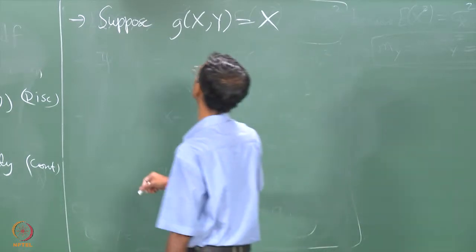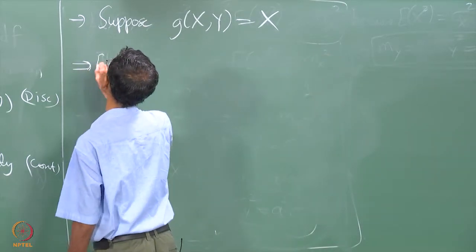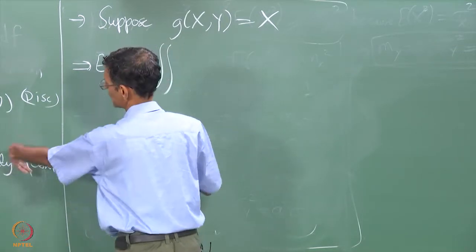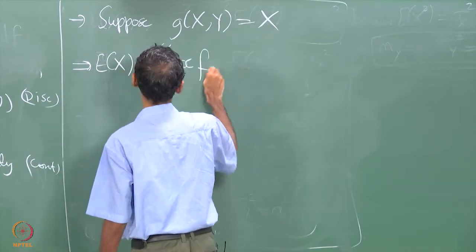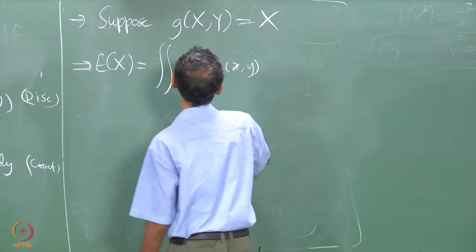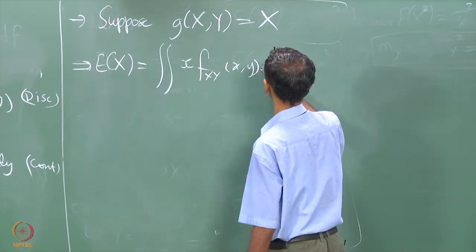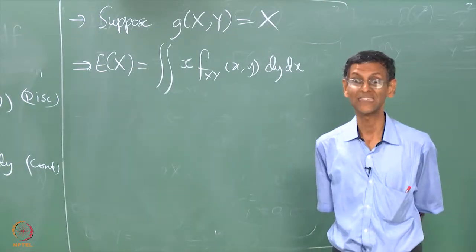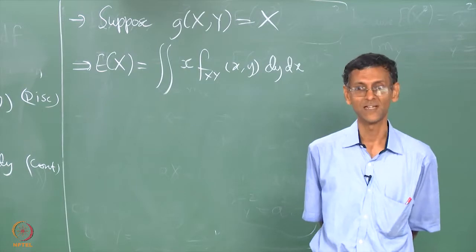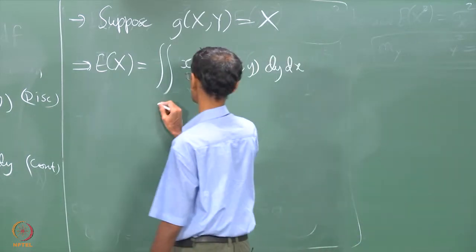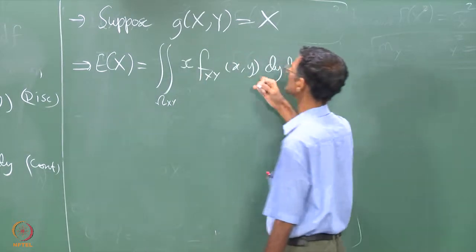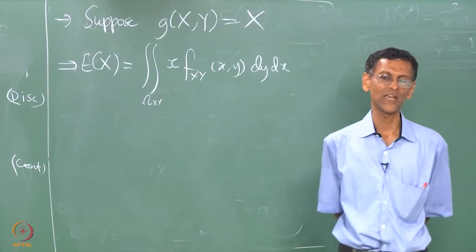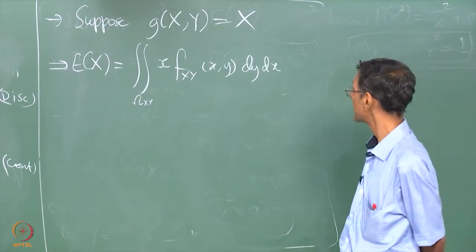Why? Because if I do this, let us say I take the continuous case. Now let us say I write this as dy dx, not as dx dy. There is a nefarious reason for writing it as dy dx, because I want to integrate over y first and then over x. What is the value of this integral? If I first integrate over y keeping x fixed, then obviously I have to integrate over the limits imposed by that value of x.